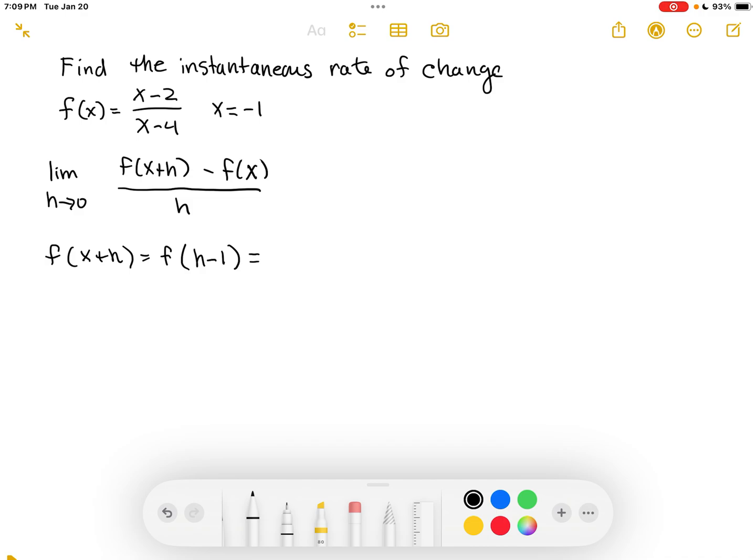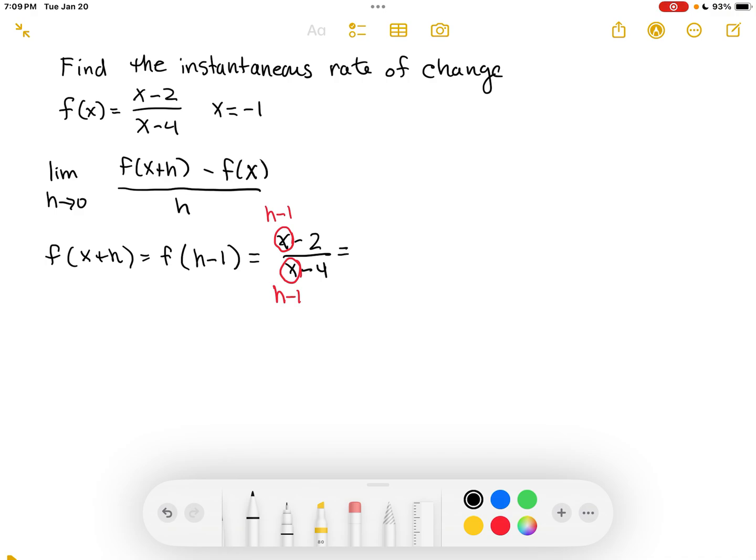Now everywhere I see x in my function, I'm going to replace x with h minus 1. Here's our function, (x - 2)/(x - 4). So I'm going to replace this x with h minus 1, and this x with h minus 1.